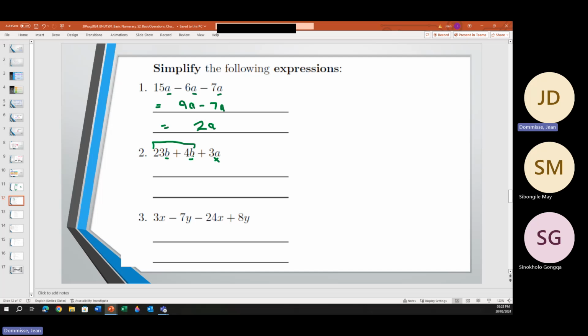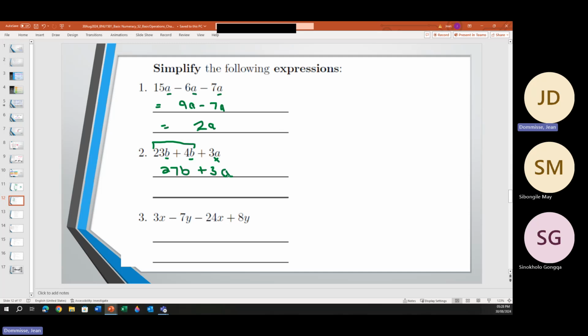And a simple way to look at it is to say A is for apple, B is for banana. When you add everything together, you have a number of bananas and a number of apples. So 23 plus 4 is 27. So you will have 27b plus 3a.